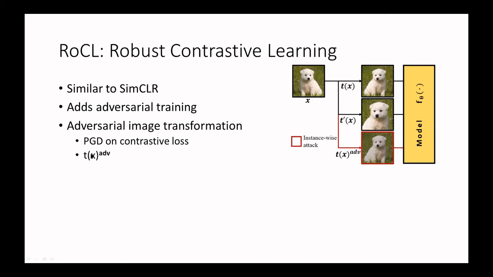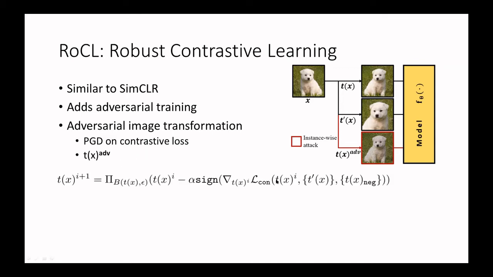To get this T(x) adversarial, this is the formula the authors used. It is somewhat a similar type of PGD version. We are all familiar with PGD attack generation, so it is a similar concept. Just here, we are finding the gradient with respect to the contrastive loss.